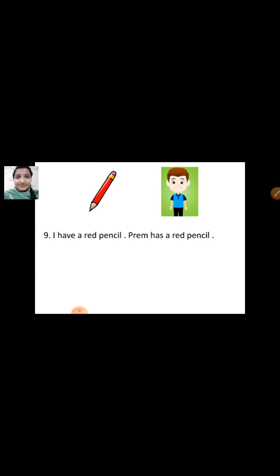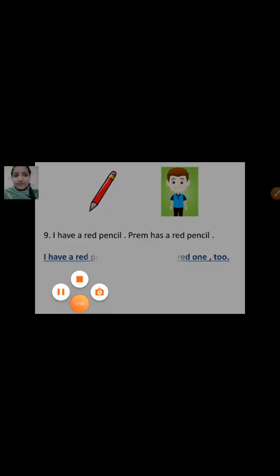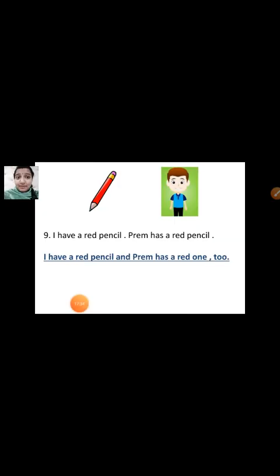Ready, all of you? So, here is your answer. I have a red pencil and Prem has a red one, comma, two, full stop. Okay, students? I hope you understood.